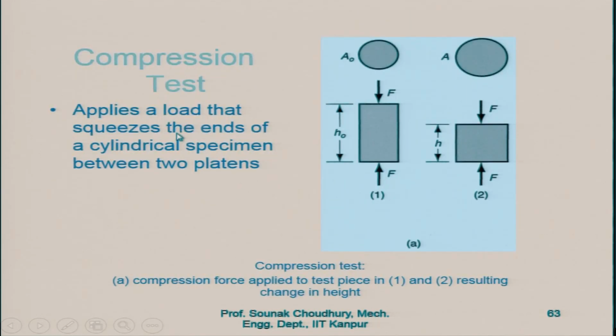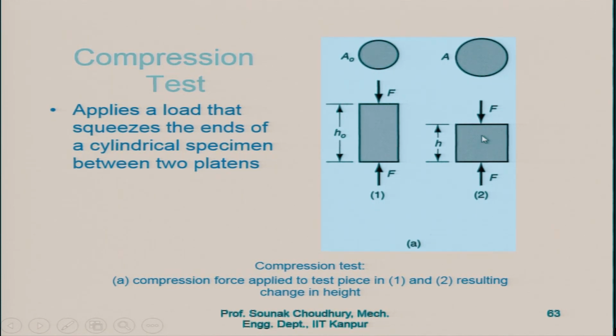Now, let us see what the compression test is. It applies a load that squeezes the ends of a cylindrical specimen between two platens. Let us say here there is a plate, this is the specimen, and there is a plate here, and if we put the load as shown in this direction, it will be compressed, meaning that the height of this specimen will be reduced from h0 to h because of the applied load.